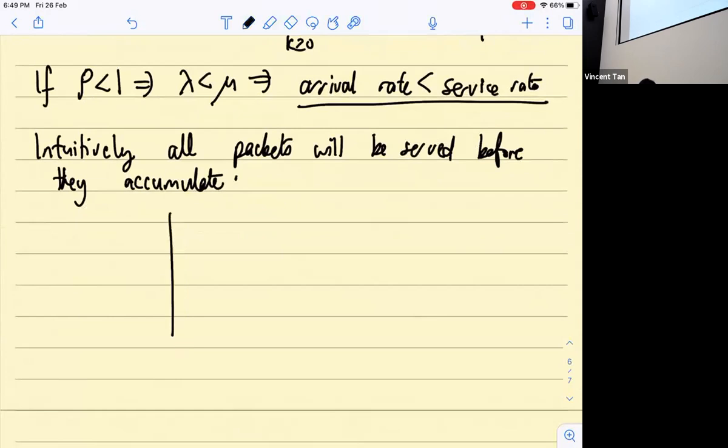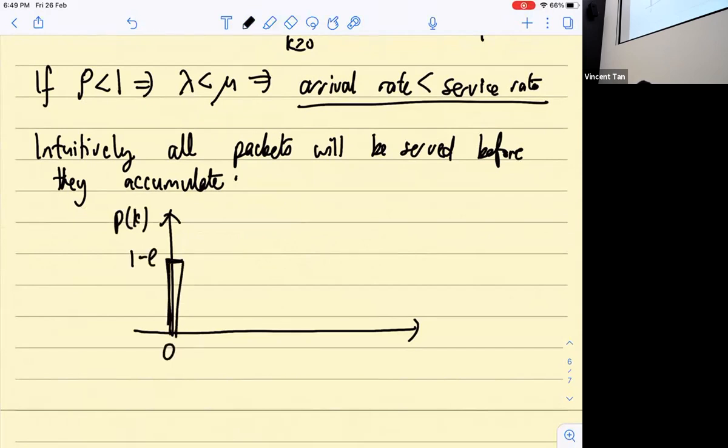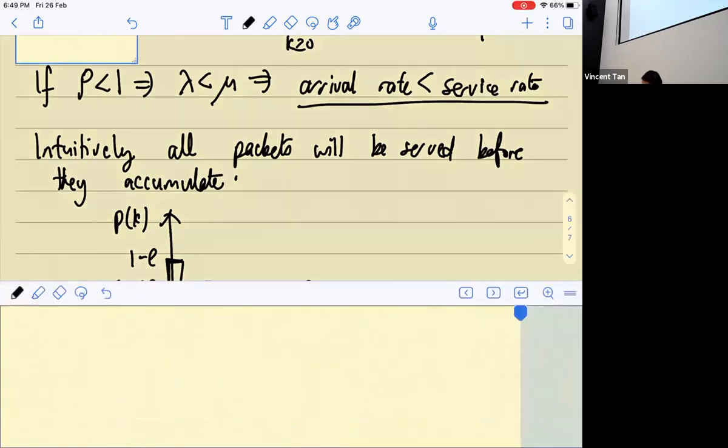The eventual equilibrium distribution pk will be such that you have 1 minus rho at 0, and then it will be geometrically decaying: 1 minus rho times rho, and so on and so forth, at 2, 1 minus rho times rho squared, at 3, etc. So it will concentrate at 0.